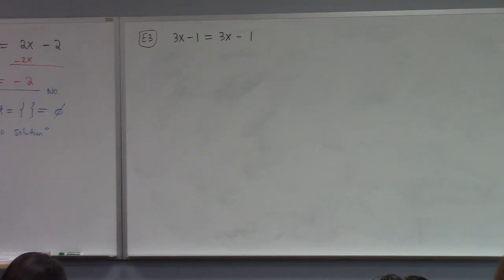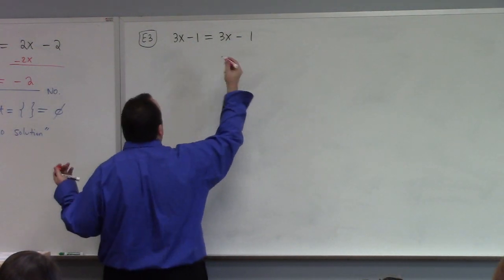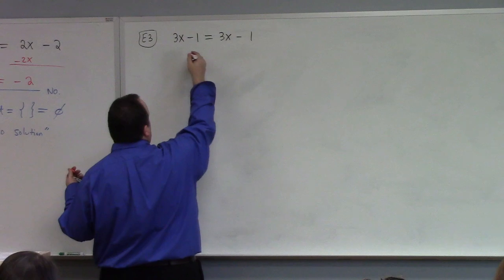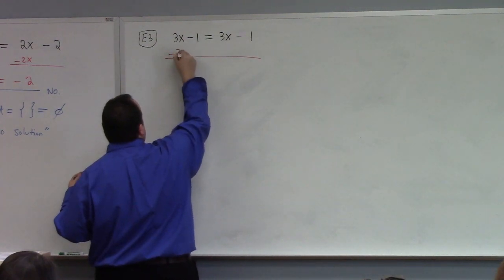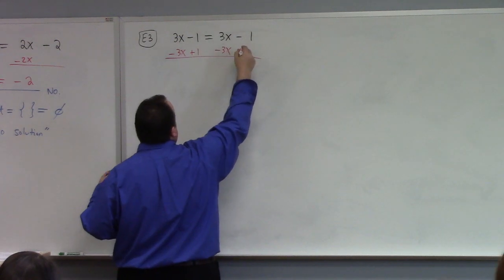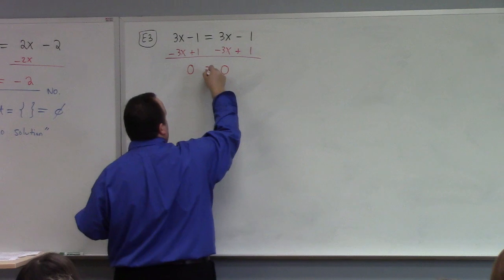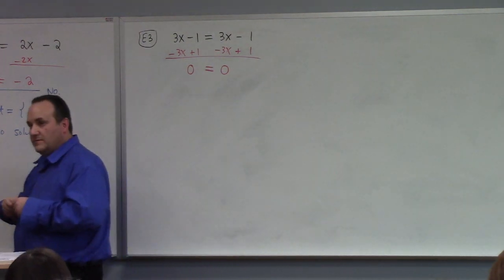Just keep it as is? Yeah, I mean, what happens here? Basically you can cancel the 3x from both sides, and we just subtract 3x from this side, subtract 3x from this side, add 1 to this side, and add 1 to that side. What happens? 0 equals 0. Is this true? Yeah, it's true.